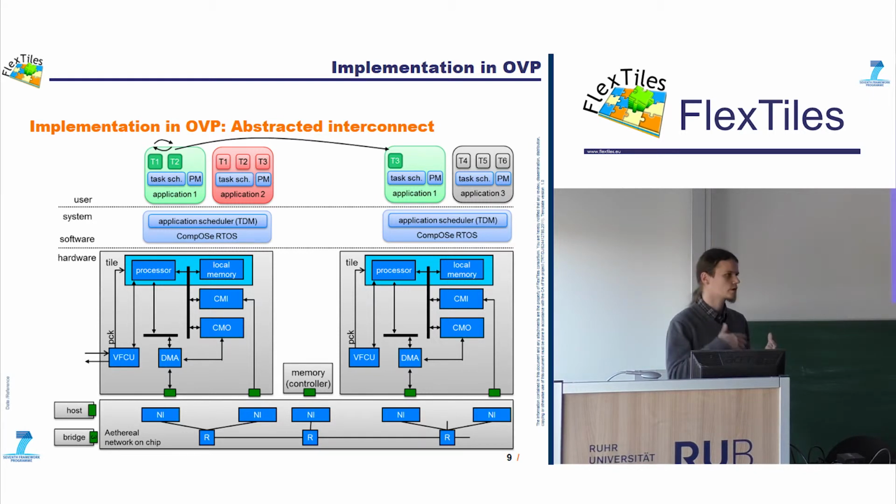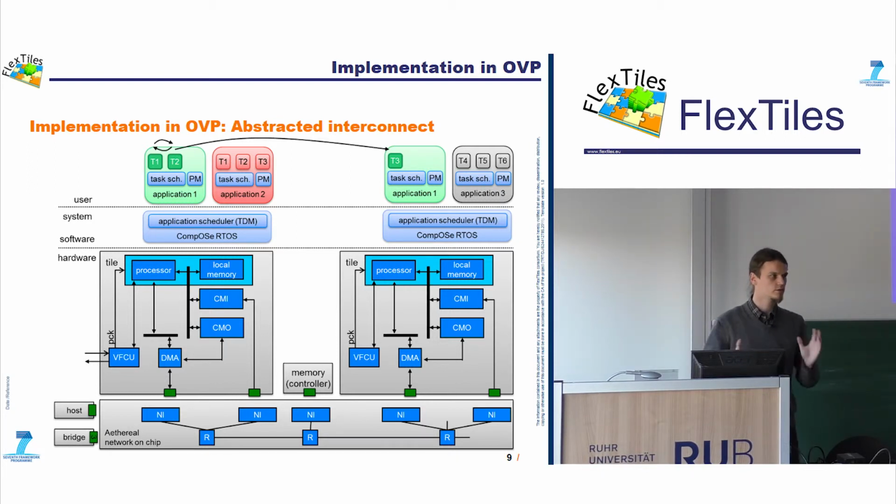They just know, okay, I have data so I can start processing, and I need to push out some data. And then the operating system knows what the addresses are, what the targets of each task are, and how to get there.